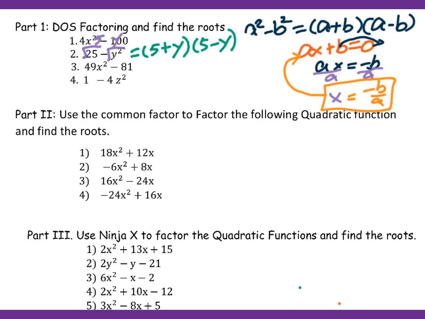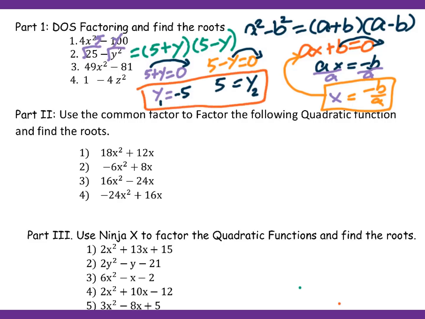Let's find the roots. 5 plus y equal to 0, so y equals, subtract 5 from both sides, or move the 5 to the other side and change the sign. y1 equals negative 5. We do 5 minus y equal to 0. Then move this y, you will get y equals 5. That's your y2. Those are the roots.